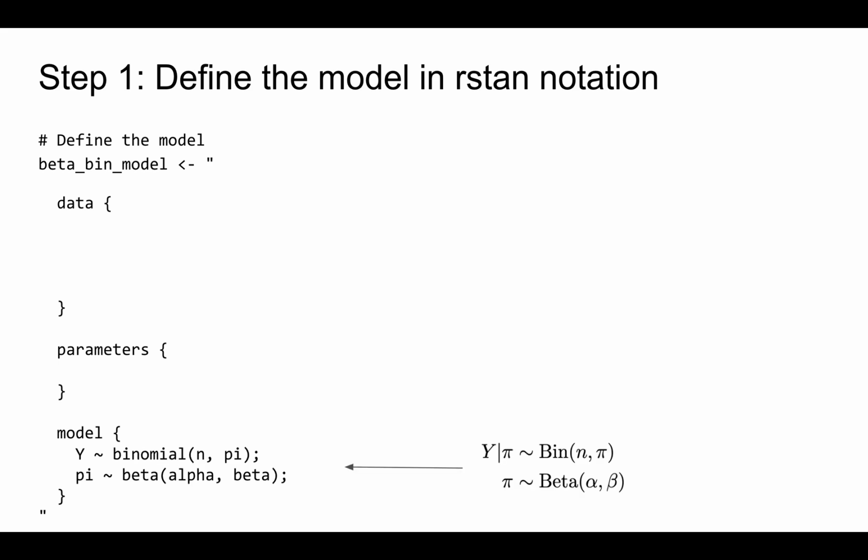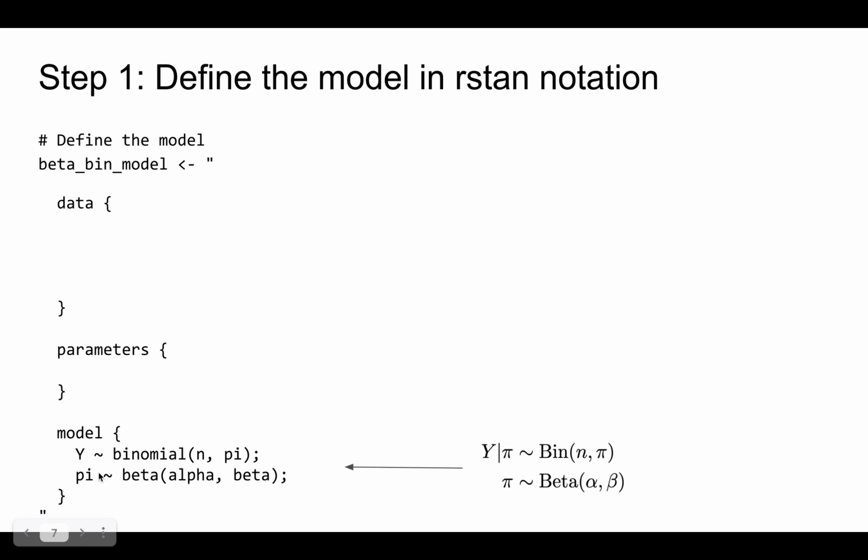This is where we specify our interest in the beta binomial structure. That is, the structure where our data y is binomial, and the prior for the probability of success pi is beta. Translating this structure into rstan notation, we first again specify that y is binomial with parameters n and pi.